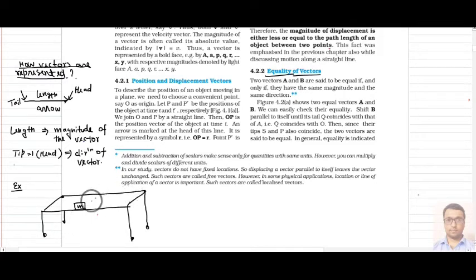Suppose one person applies a force on this block towards the right, a force of 10 Newton. Here is a person who is pulling this block by 10 Newton. 10 Newton means approximately 1 kg equivalent.